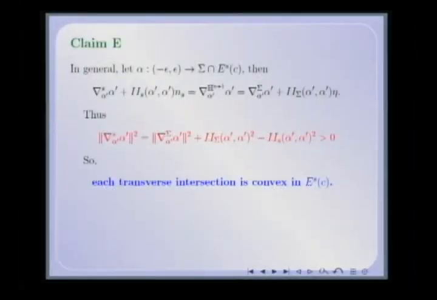For any transverse intersection of a translation of this equidistant with the hypersurface, it has to be convex, using this simple computation. Since the surface is compact, the intersection has to be compact, and convex and compact in a hyperbolic space. Therefore, using again the Do Carmo-Warner theorem, it has to be embedded.